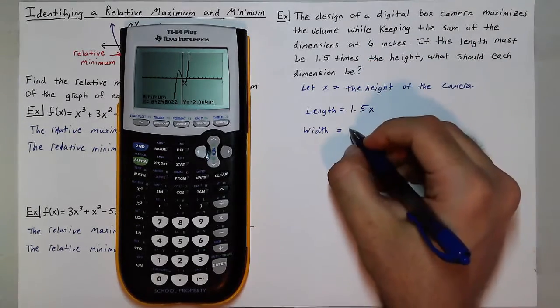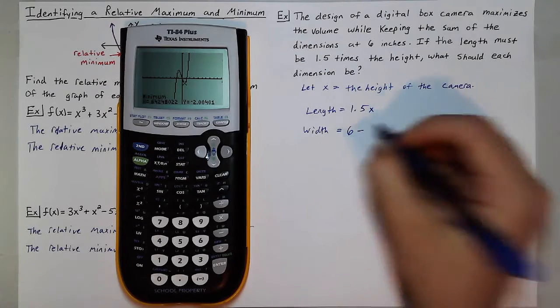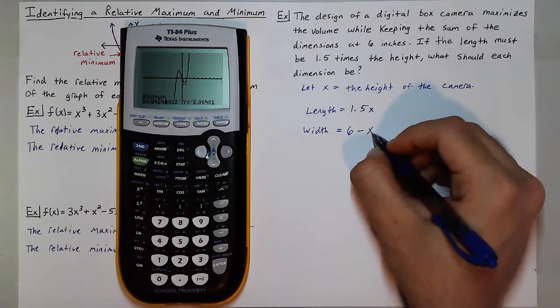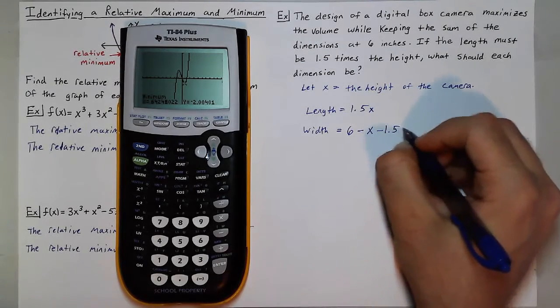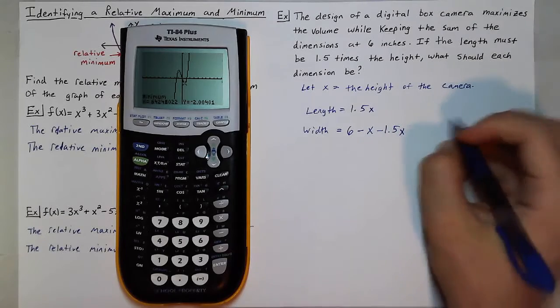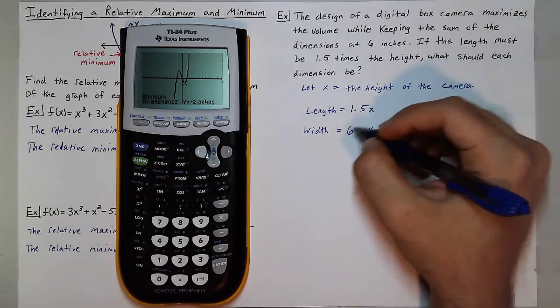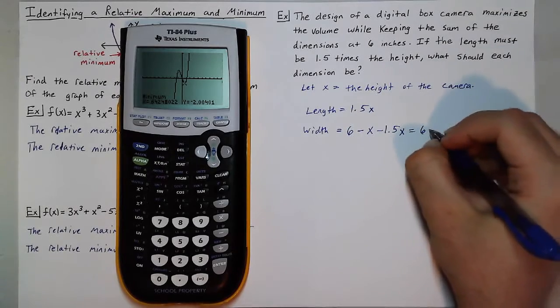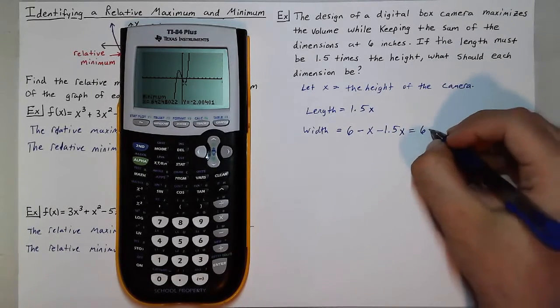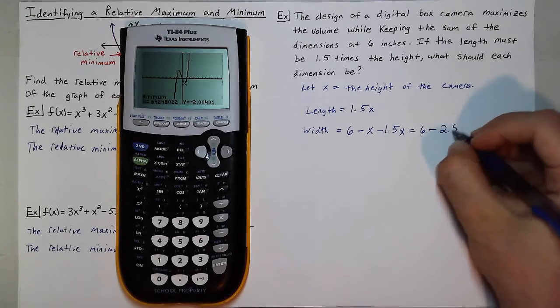So the width will be 6 minus x minus 1.5x, because you want to take away the height and the length from 6. So the width will be 6 minus 2.5x.